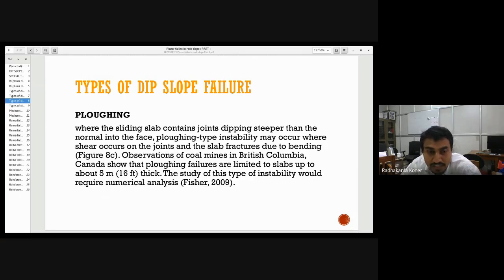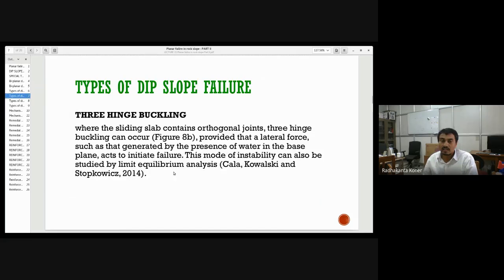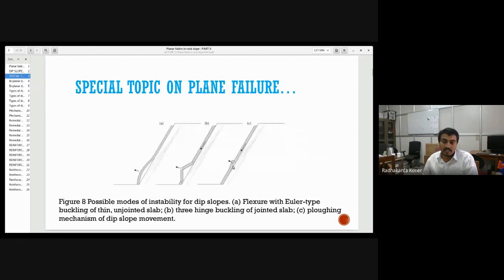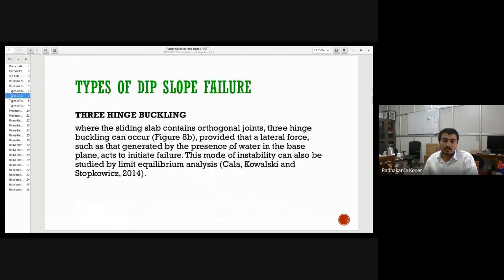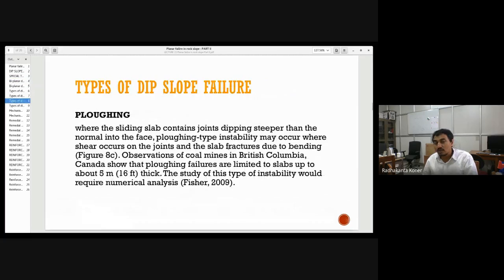Bending, then shearing, and everything: these are not possible to accommodate in limit equilibrium. That is why they studied it separately, and they showed that for this kind of slope failure, LEM does not perform well, and it is not possible to accommodate so many parameters.